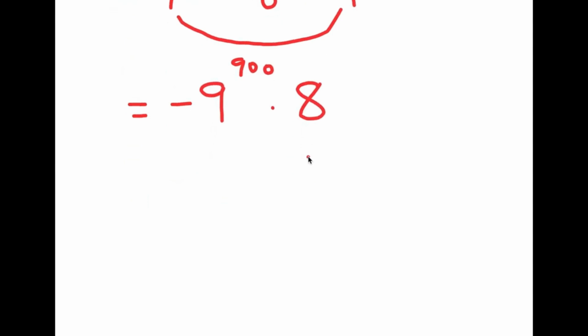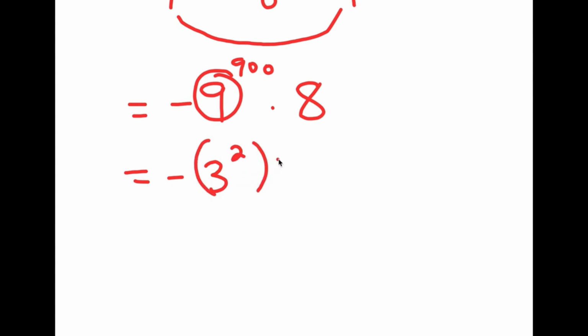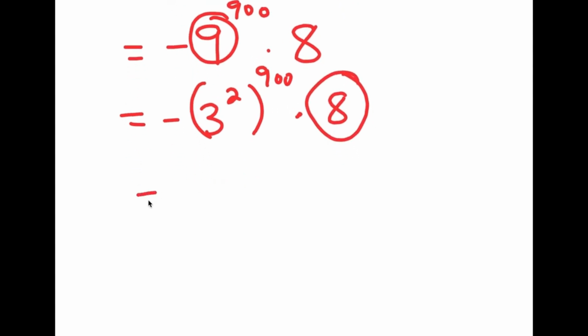Now from here, I can rewrite my 9 as 3 squared. So I get 3 squared to the power of 900 times 8. And now 8, I can rewrite as 2 to the power of 3. So I have negative 3 squared to the power of 900 times 2 to the power of 3.